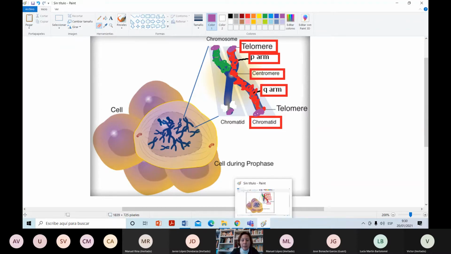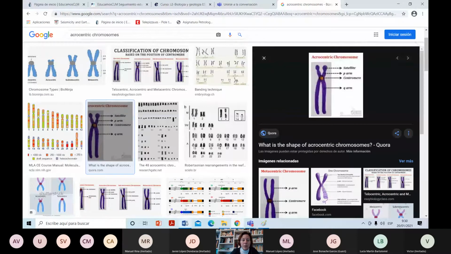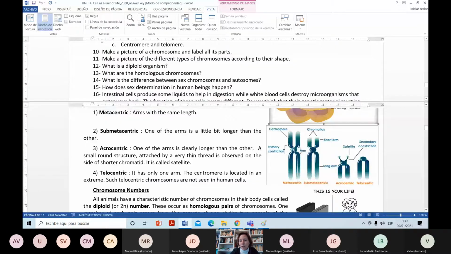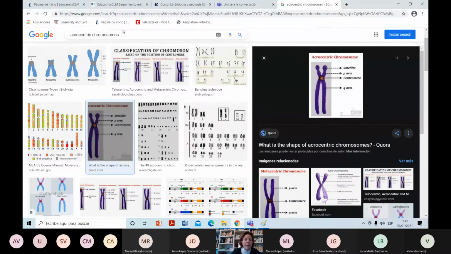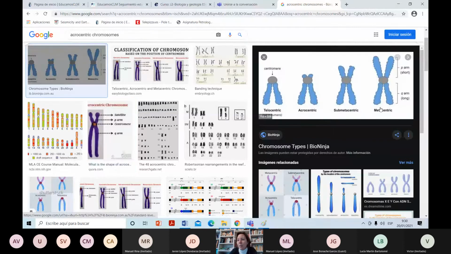We were doing this picture on different types of chromosomes. You've got it in your photocopy. We've got metacentric, submetacentric, acrocentric, and telocentric. Let's look for another picture. It would be something similar to this. Metacentric is when the centromere, the central fragment, is more or less in the middle of the chromosome.